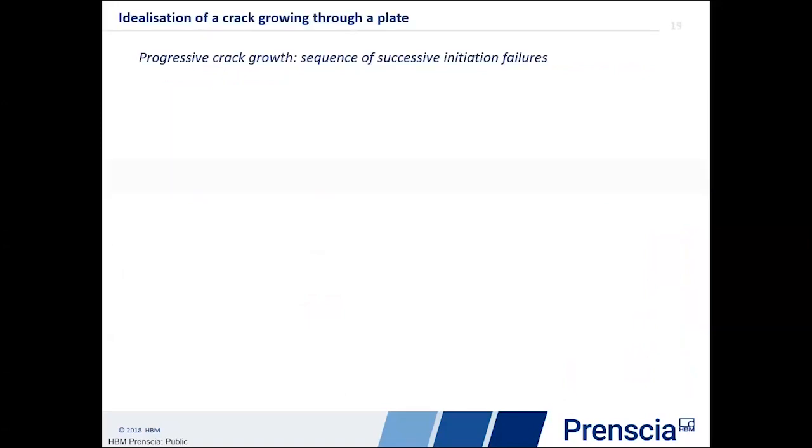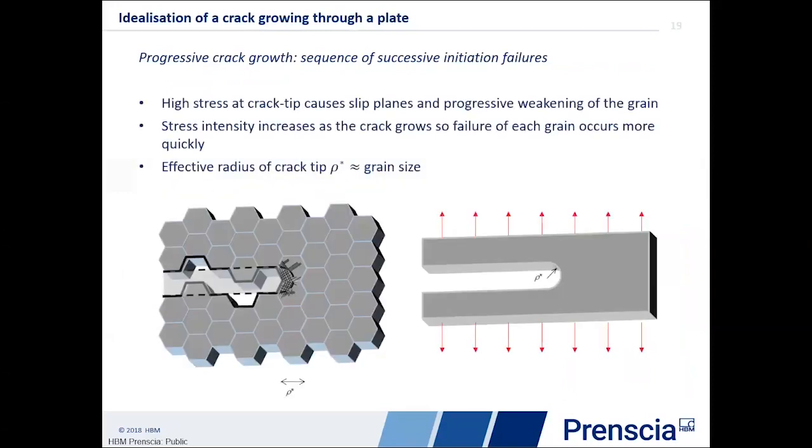So what we're looking at here and how we're proposing crack growth is thinking of crack growth as being a whole series of initiations. Typically, when we look at crack growth, we assume the crack tip comes to a sharp point, leaving us with basically an infinite stress at the crack tip.